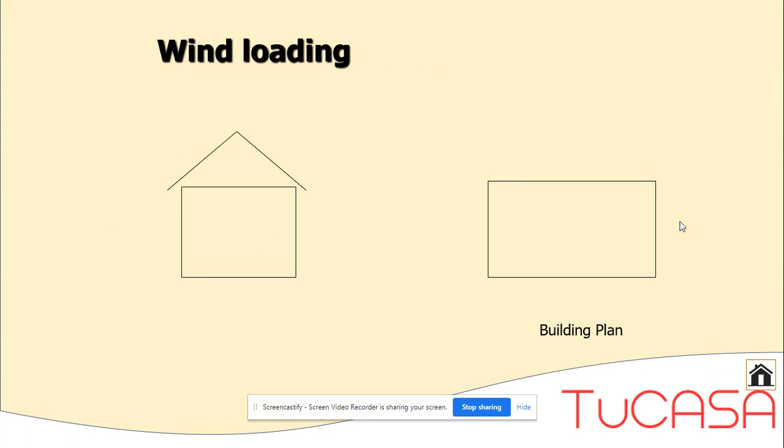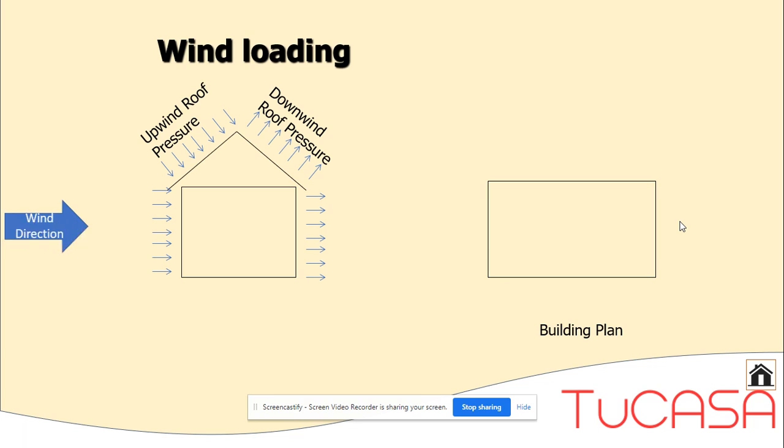Now, amongst the factors that we need to design for is wind loading, and this illustrates sections through our pitched roof where we get a wind load, let's say from the left-hand side, and we get a combination of upward and downward pressures on the roof, which we have to allow for in the design of the structure and the roof covering.